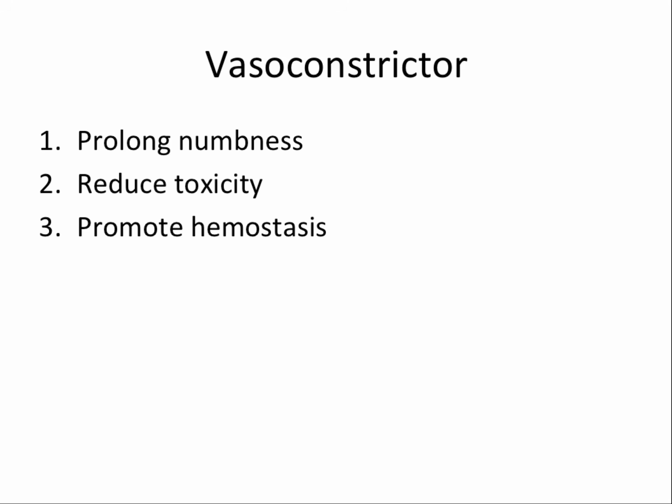So a decreased blood flow would be a longer duration of anesthesia. And because vasoconstrictors constrict blood vessels, they decrease the blood flow to the area, and thus less local anesthetic is carried away from the site, leaving more locally to act on those nerves and those sodium channels of the nerve membranes.